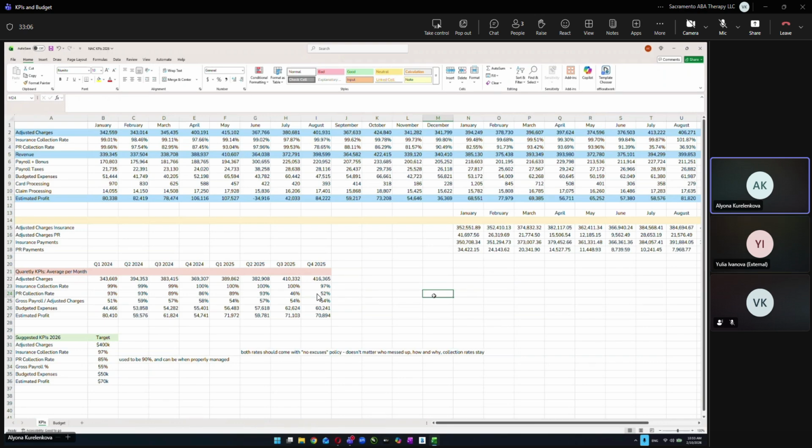So based on that, I take the adjusted charges, then the collection rates, and then finally revenue, which here is how much we actually got paid for the sessions that happened in this month.